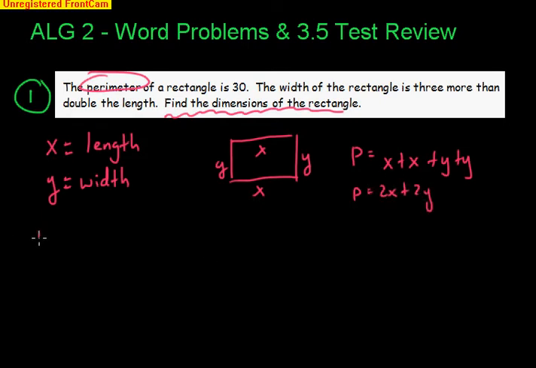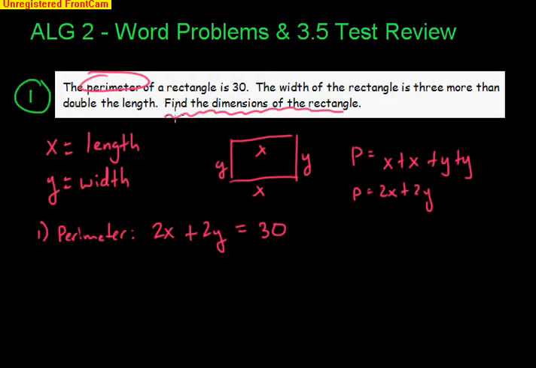This is going to give us our first equation, the perimeter equation. Now, we're going to use 2 times the length, plus 2 times the width. That gets us the perimeter. But we're not going to use p, we're going to use the actual perimeter. The perimeter is 30. There's the perimeter.